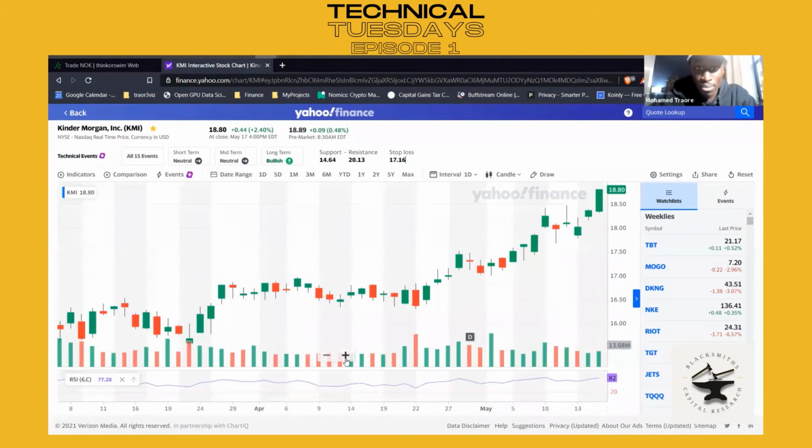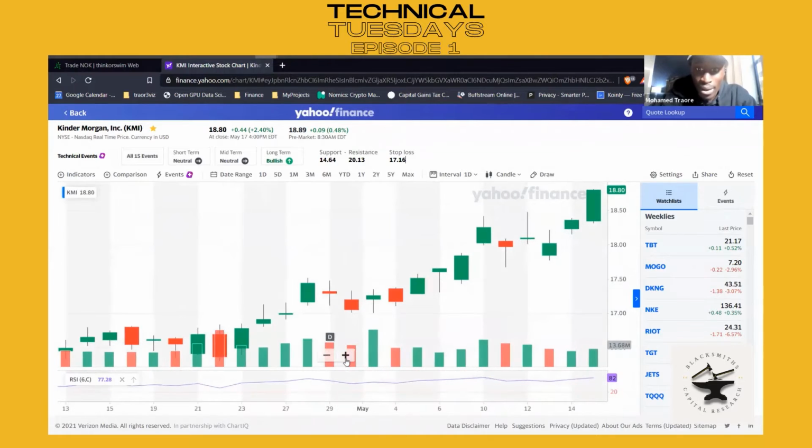So let's zoom in and look at how to read a candlestick, all right? If you notice here, you've got the red ones and the green ones. To read a red candlestick, the bottom right here is going to be the closing price for that time range. Right now I'm on the interval of 1 day.